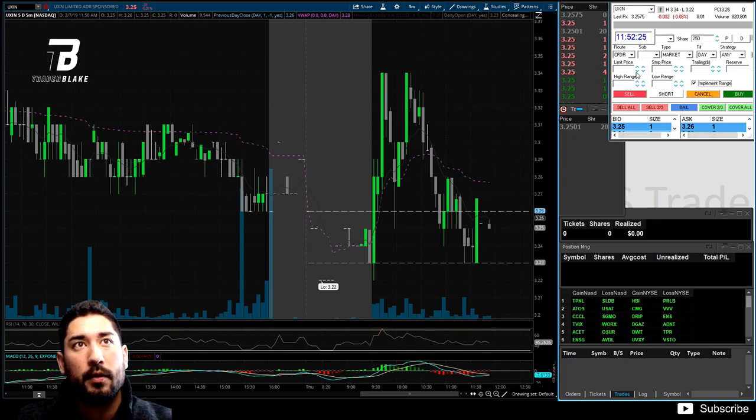But focusing on level 2 and time and sales, this is going to be your level 1 data. You can see a price and a size. Price, size. Level 2 lets you not only see the first level of pricing, it shows your support.